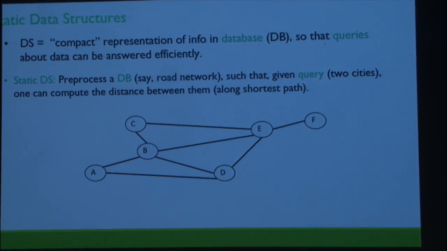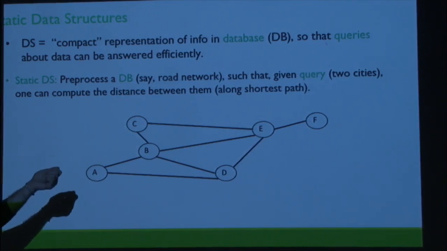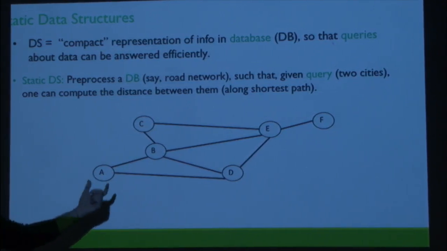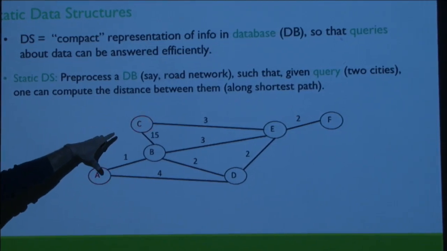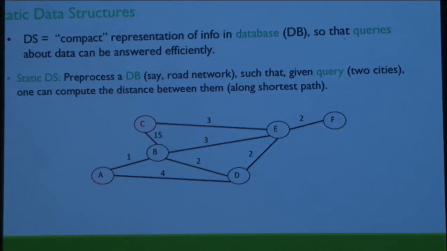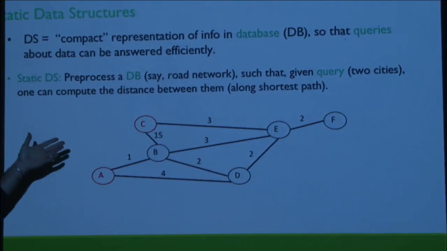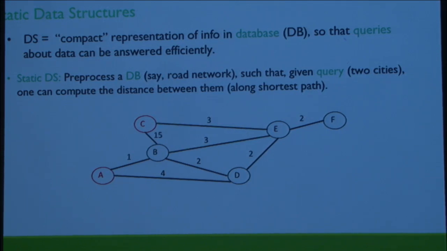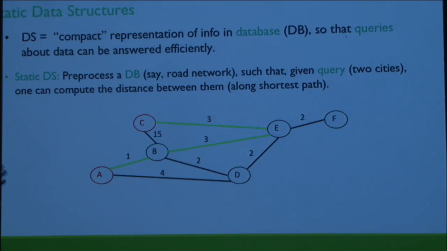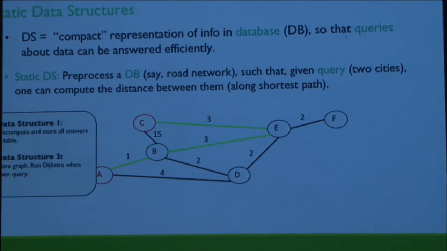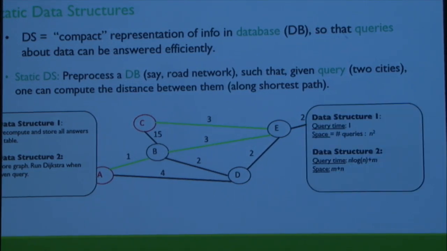And we need to pre-process this database, which we are given in advance, so that when a query is invoked, in this case just a pair of cities maybe, we can compute the answer very quickly. Notice that any such static problem has two naive or extreme solutions. One of them is to just cheat and pre-compute and store all the answers.